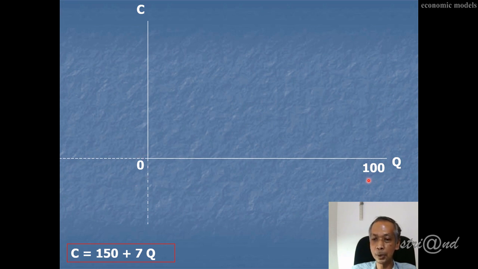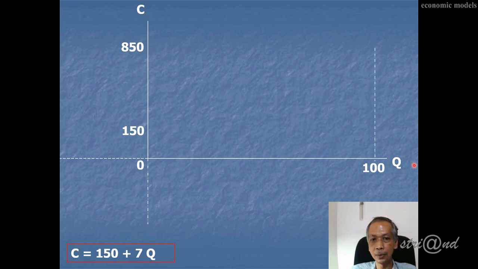So we are not supposed to draw the line for quantity any larger than 100, because it's been stated in the exercise that Q cannot be any larger than 100. And when the Q is 0, the total cost is 150. So 150 is here. And when the quantity is 100, the cost is 850.